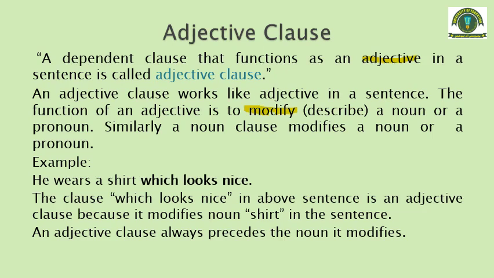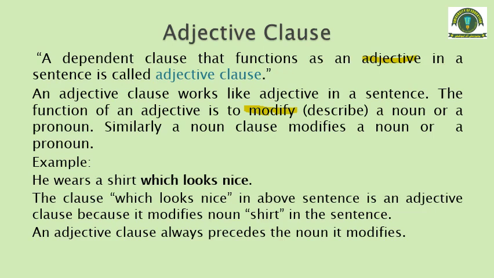It can be a noun or a pronoun. Noun is a name, and pronoun is a word that replaces a noun, like he, she, it. So a clause that acts as an adjective is called an adjective clause.